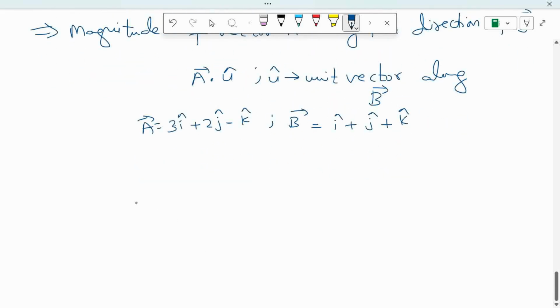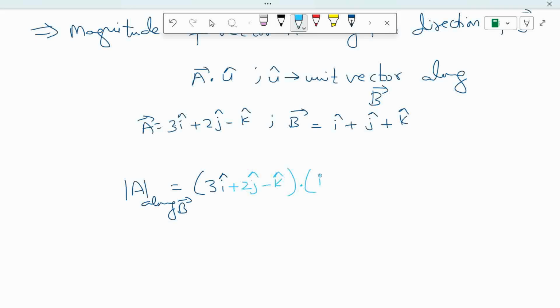That magnitude I'm writing like this, A along B. This will be equal to the vector 3 i cap plus 2j cap minus k cap, dot product with the unit vector.